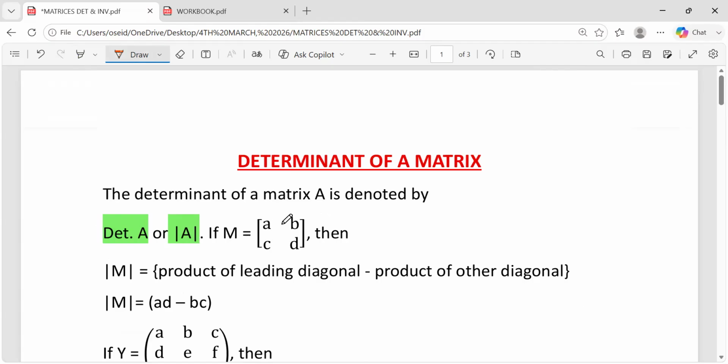The leading diagonal is A and D, minus the other diagonal, which is B and C. So if you look here, we have |M| equals AD minus BC. That's for a 2 by 2 matrix.